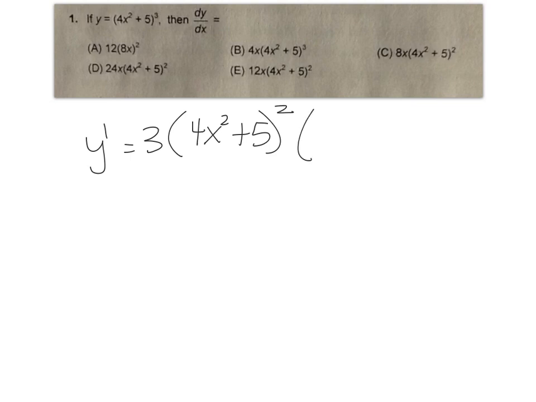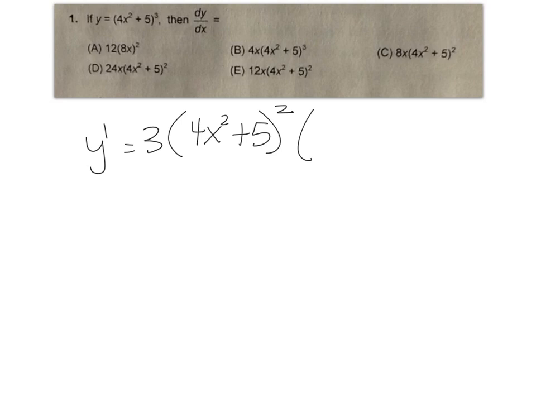So that means we are going to take the derivative of the outside function. y prime will equal 3, because the power comes in front, copy the inside function, subtract 1 from the power, so that goes down to a 2, and then multiply by the derivative of the inside function.